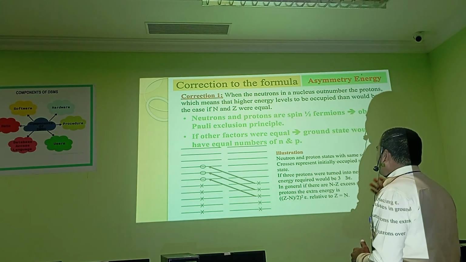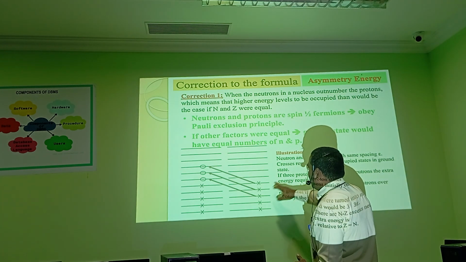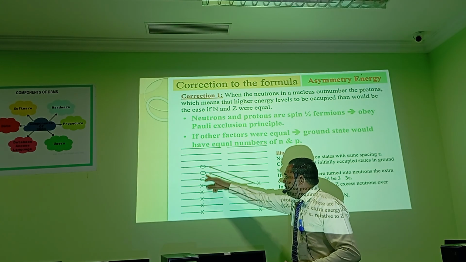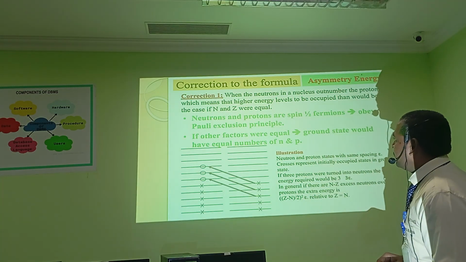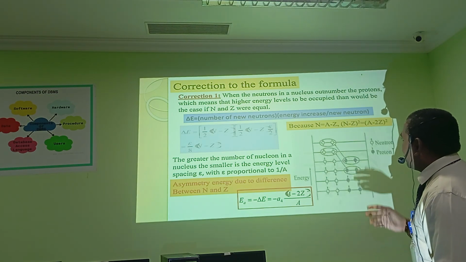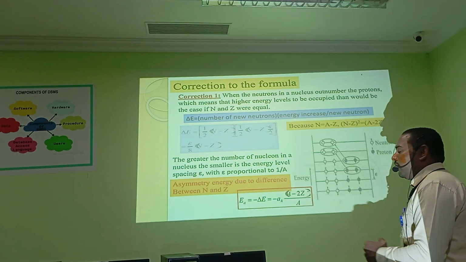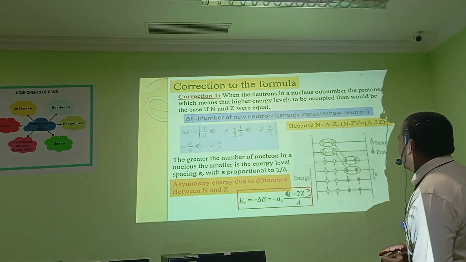The ground state has equal numbers of neutrons and protons. A proton or neutron added will fill an empty level. The correction of the formula again depends upon the energy levels: the number of new electrons increases the energy.